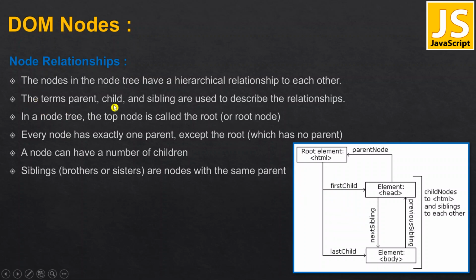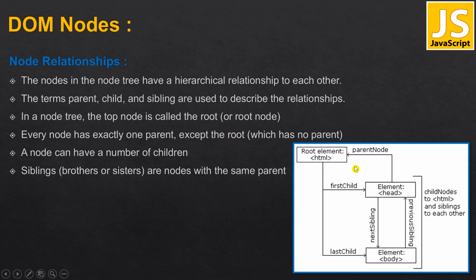The terms parent, child, and siblings are used to describe the relationships. They are introduced for relationships, and eventually in the next classes we are going to manipulate the elements based on these relationships, friends.